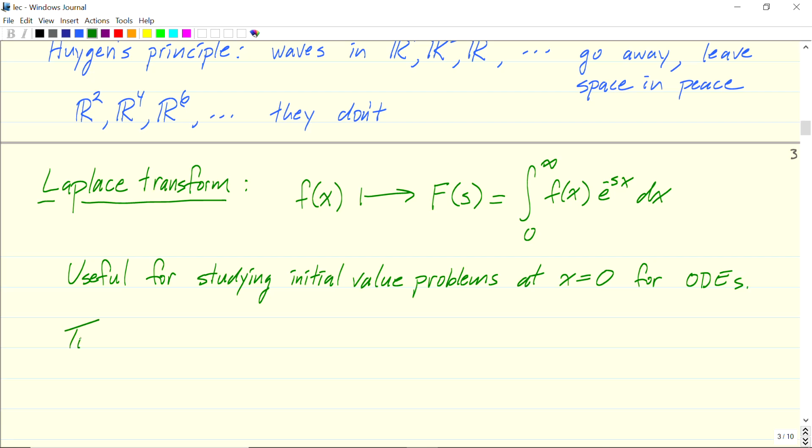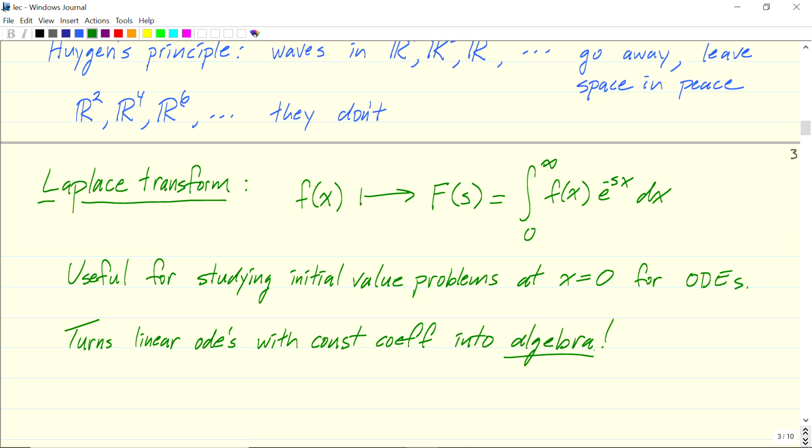It turns certain ODEs, it turns linear ODEs with constant coefficients into algebra problems. Okay, that's why it's fun.